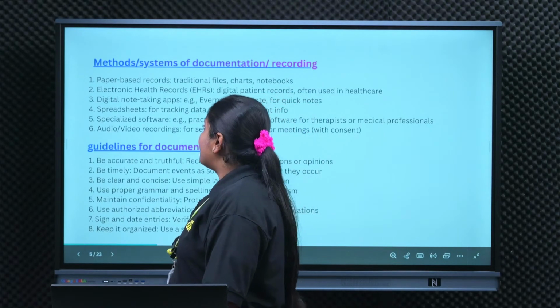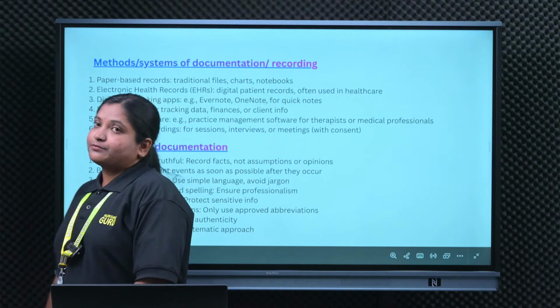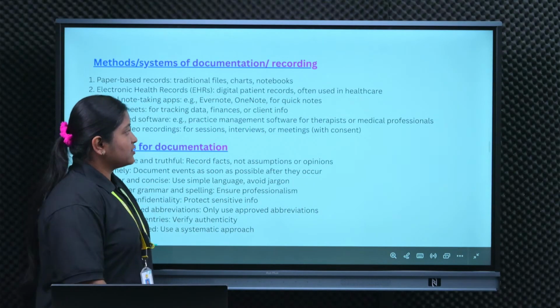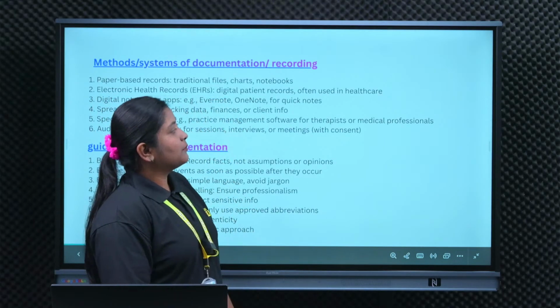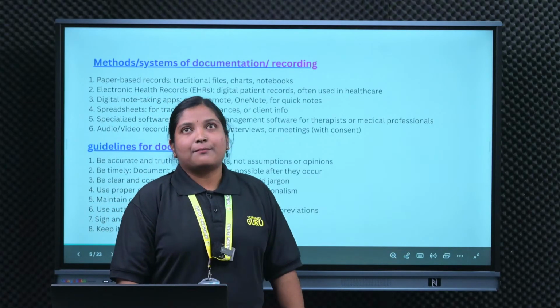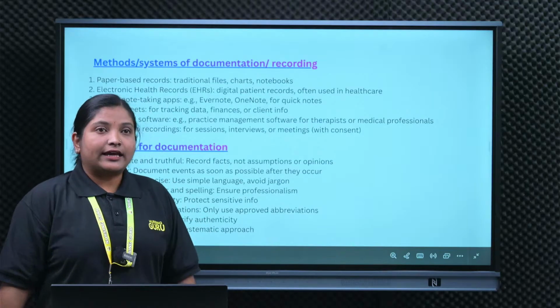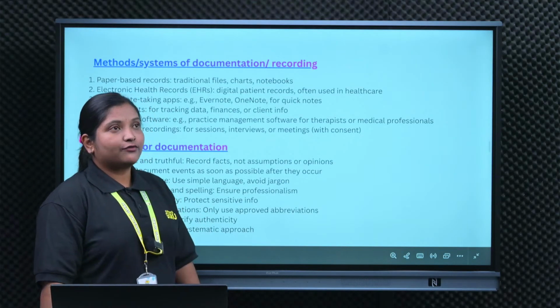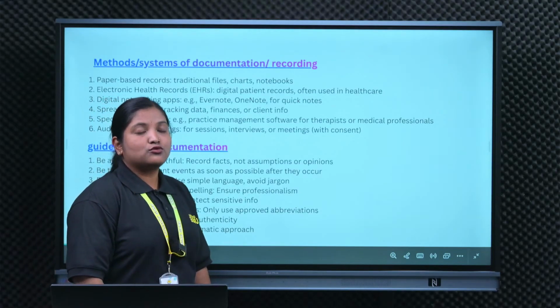The next one is specialized software, like practice management software for therapists or medical professionals. For example, I have seen MedHigh and MedZ. We use this kind of professional software to keep patients' records as well as to do the billing.